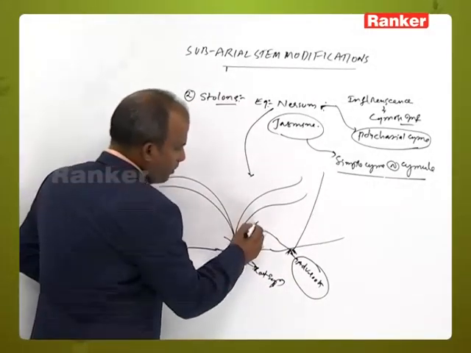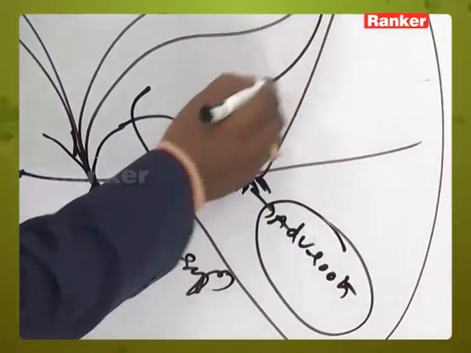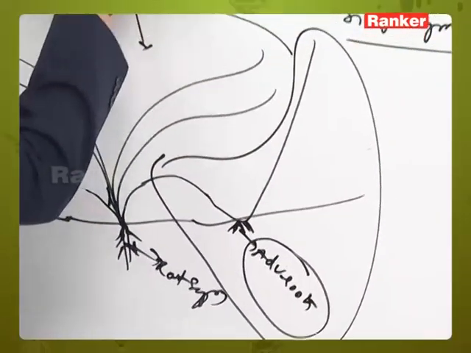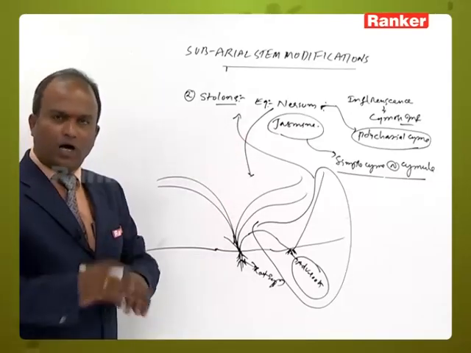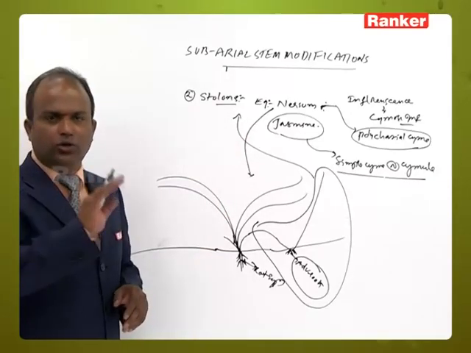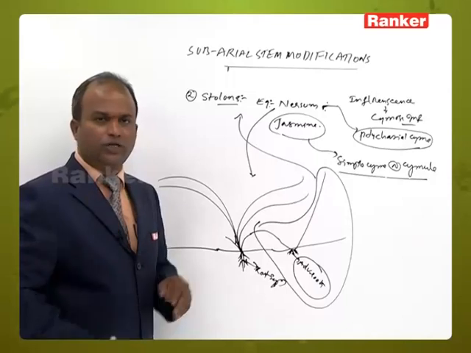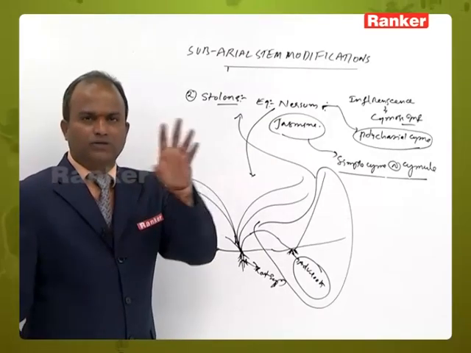Can we call this branch a stolon? Yes, this branch itself is called a stolon. Does that mean in nerium and jasmine all branches are called stolons? No. Which branches are called stolons?